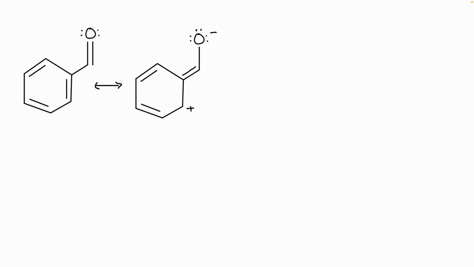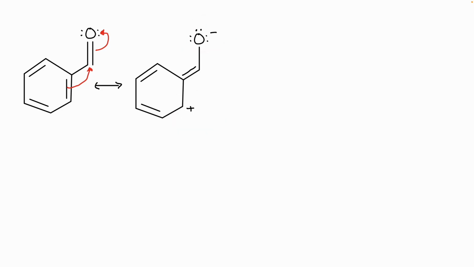So I'm going to need a bond breaking arrow to turn that pi bond into a lone pair on my oxygen. And then I'm going to need one of those breaking and formation arrows to move that double bond over. All right, leaving me with a negative charge on my oxygen and a carbocation.